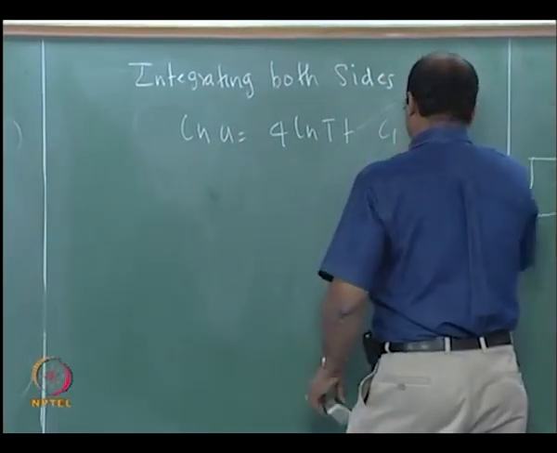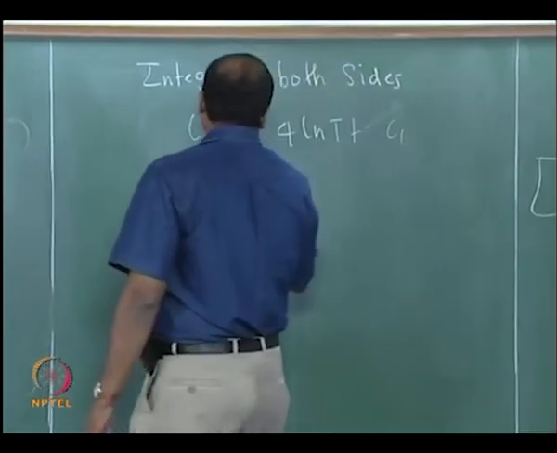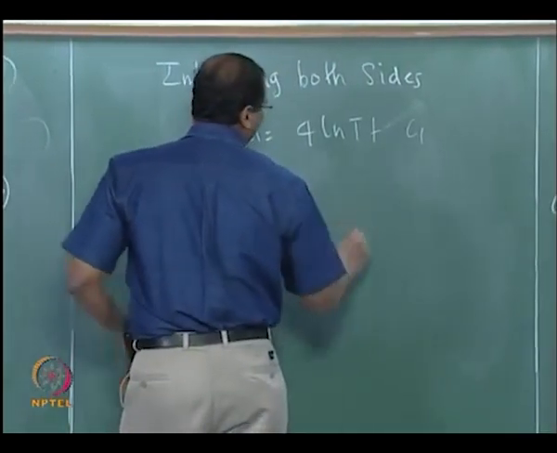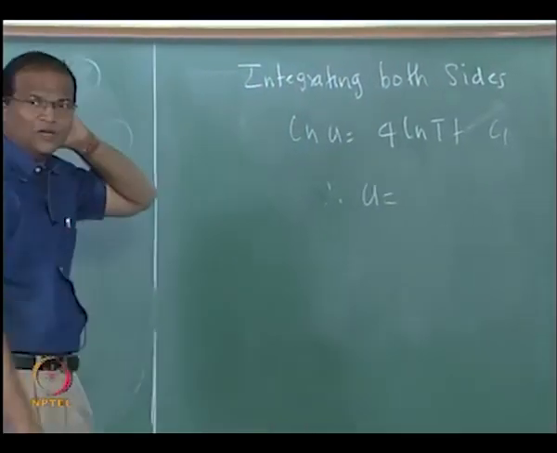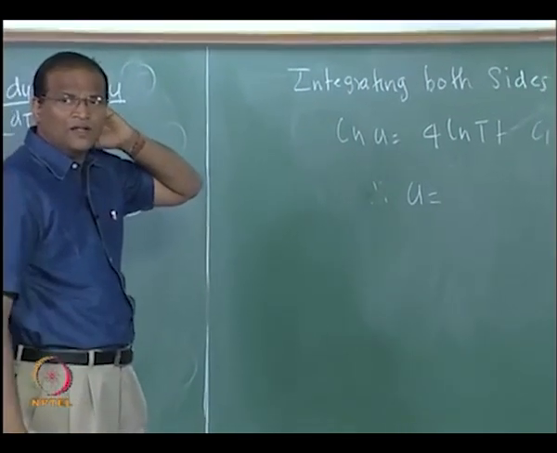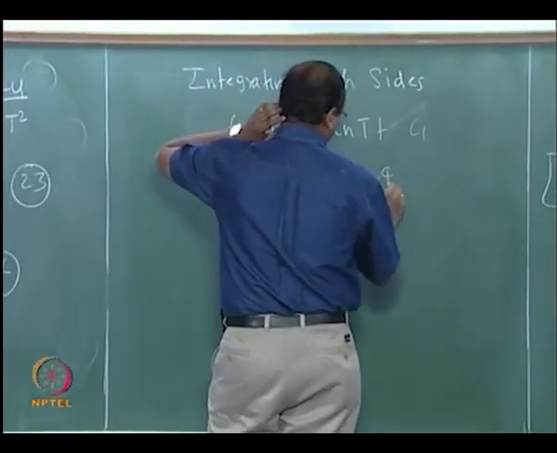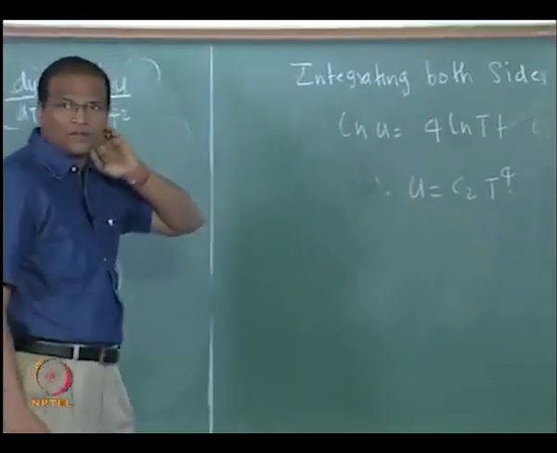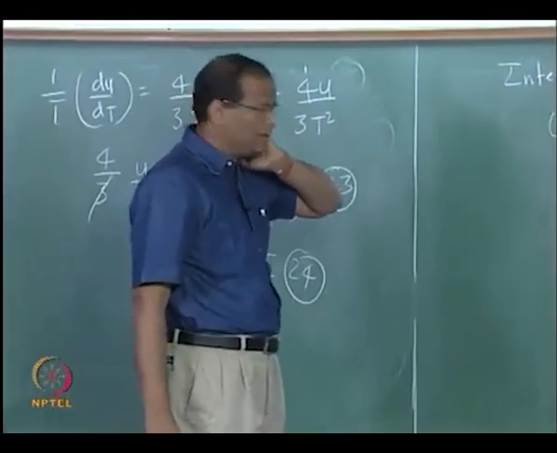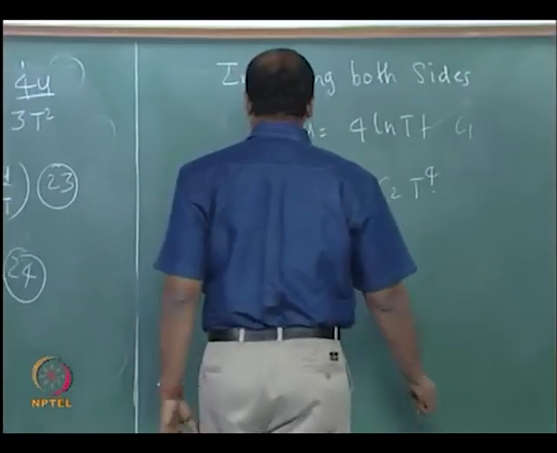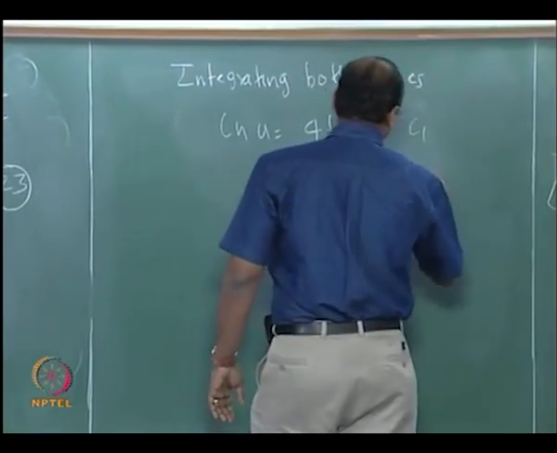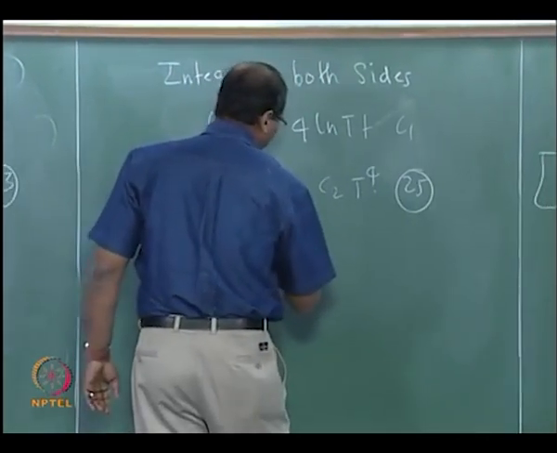Oh, I will put C1, okay. u is some C2, some constant. Alright. Now this is equation number 25.